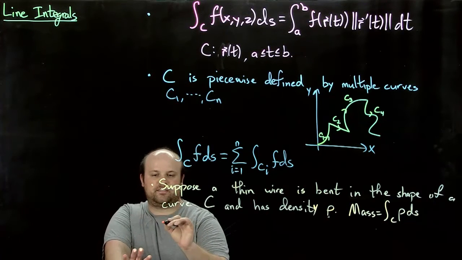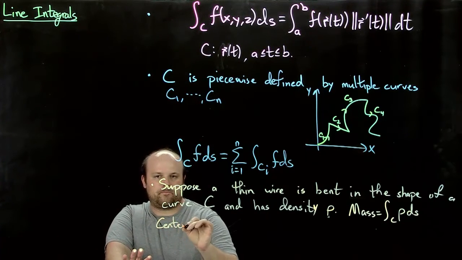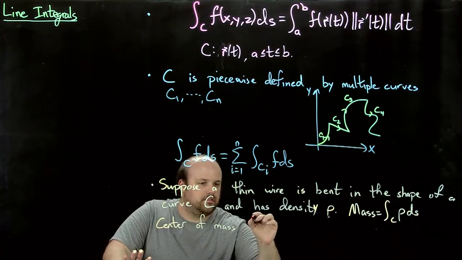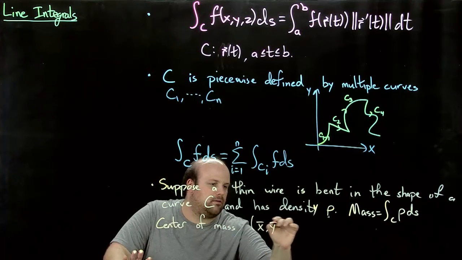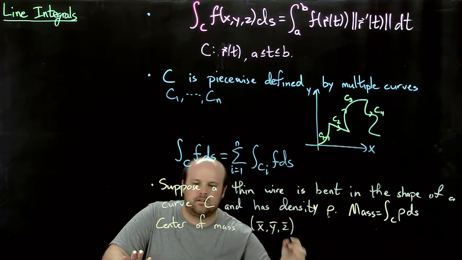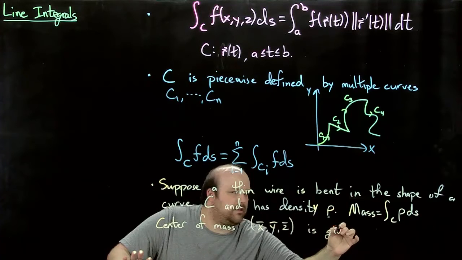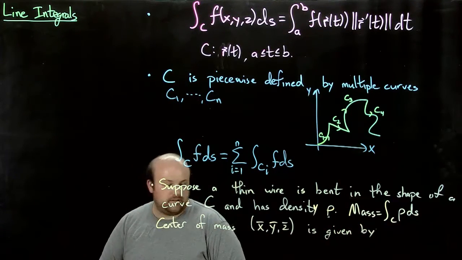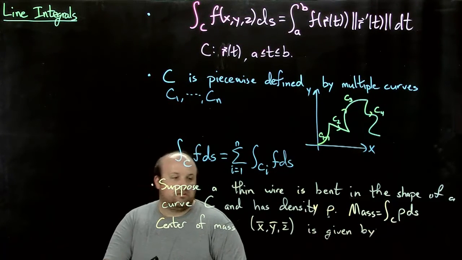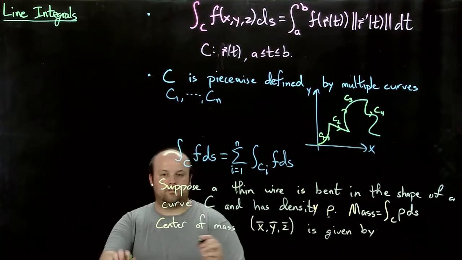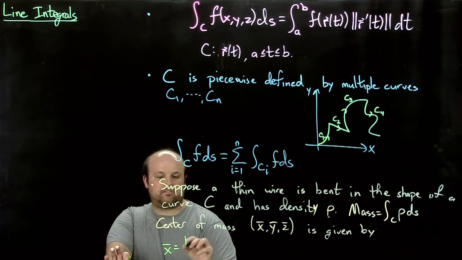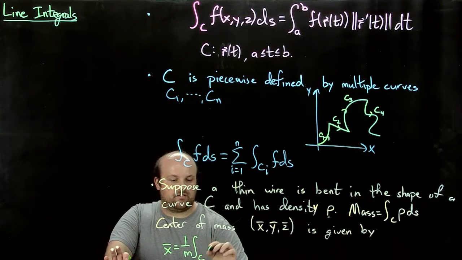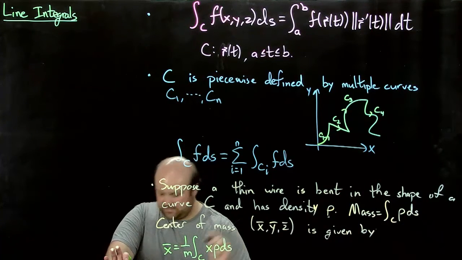Right? And then we can also, of course, find the center of mass. Right? So then the center of mass has coordinates x bar, y bar, z bar. Right? This is given by, well, we have an integral for each component here. Right? So x bar is going to be 1 over the mass times the integral along C of x rho ds.